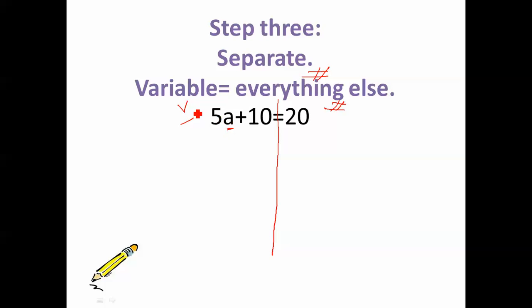We have a variable that belongs. The number does not belong. So to undo a plus 10, we have to do minus 10. So we subtract 10 from this side. What we do to one side, we have to do to the other. So we bring down our 5a that's left. Plus 10 minus 10, those cancel. 20 minus 10 is 10. So now we've separated. We've got our variable on this side, all of our numbers on this side.